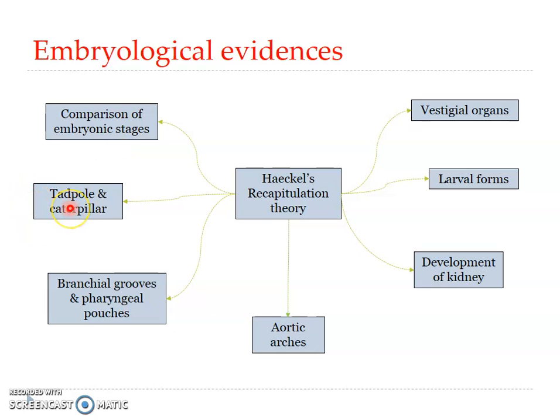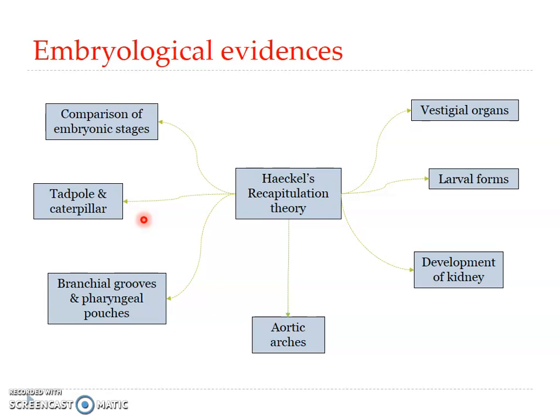Now, the tadpole and the caterpillar. In the life history of the frog, we can find the tadpole stage, the larval stage, which is actually fish-like in form and character, having a laterally compressed tail, gills, and lateral sense organs. The vascular system also bears similarity to a fish.